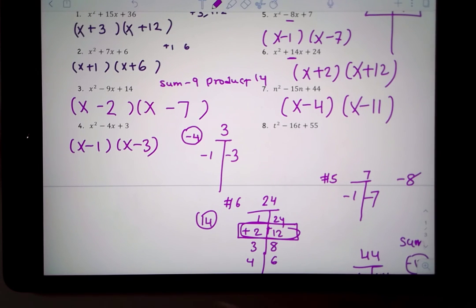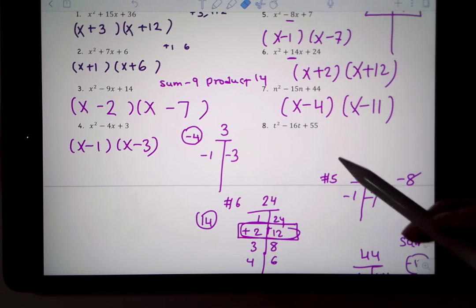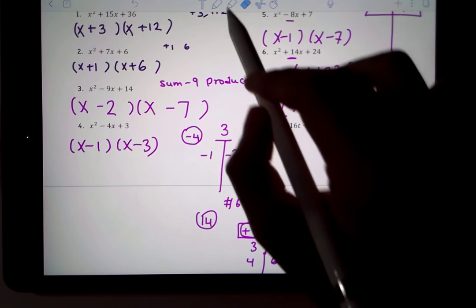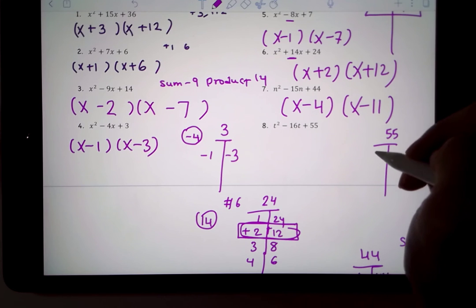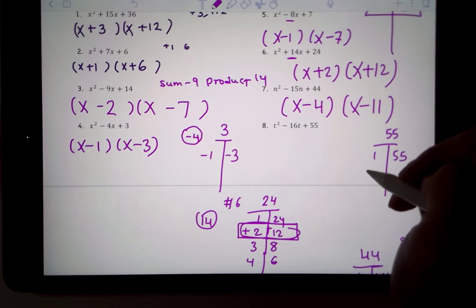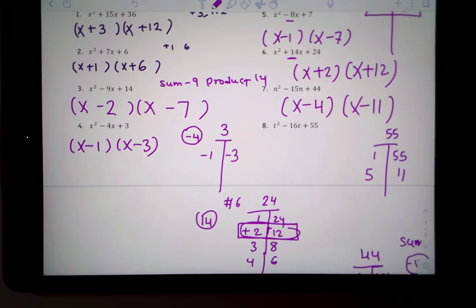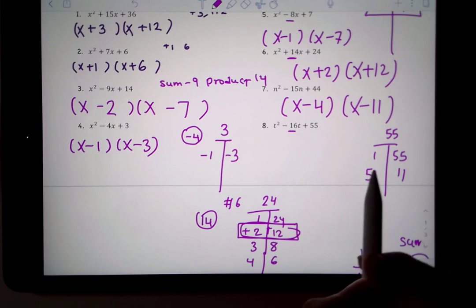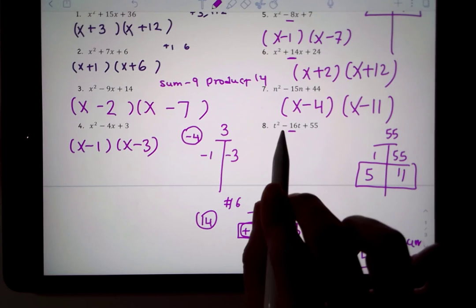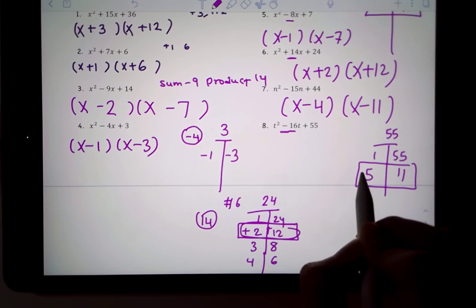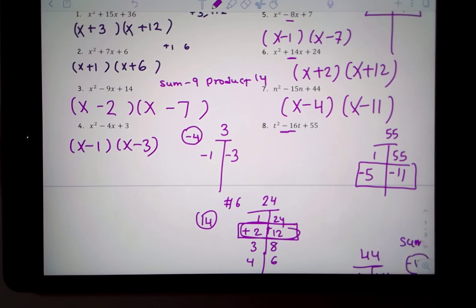All right? And look at number 8, 55 and 16. So 55, break it down. 1 and 55, 5 and 11. Look, I want to get 16. You got 16 here, 5 and 11. And that's negative 16, so we need negative 5 and negative 11.